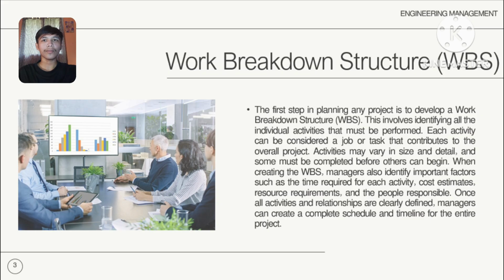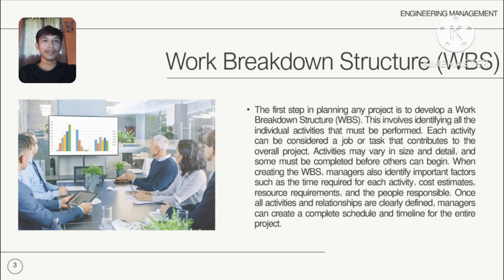So this means the foundation of successful project management begins with the work breakdown structure, or WBS, which is the crucial first step where a large complex project is systematically divided into every individual task or activity required for completion.